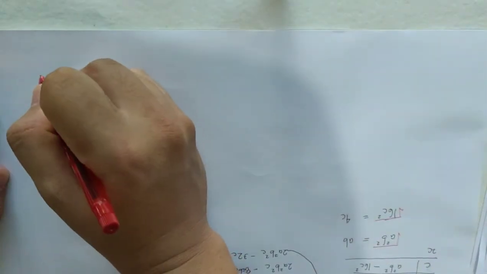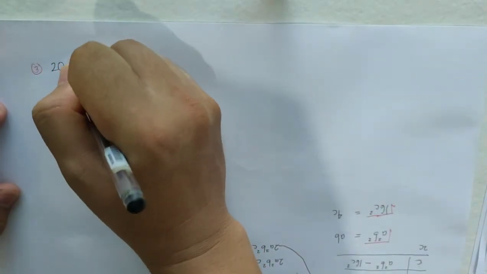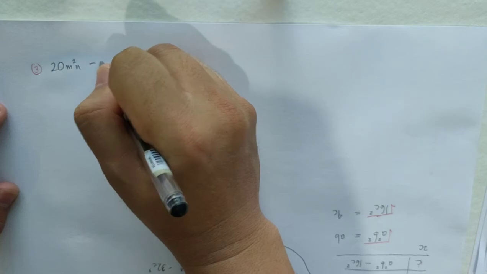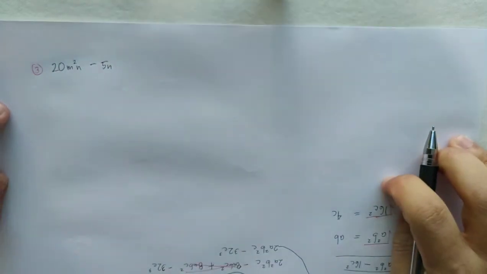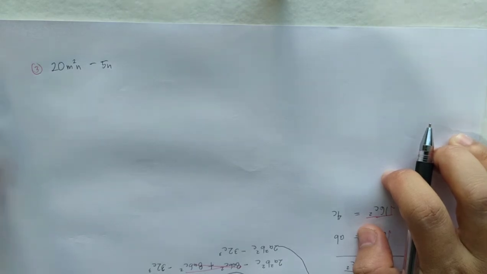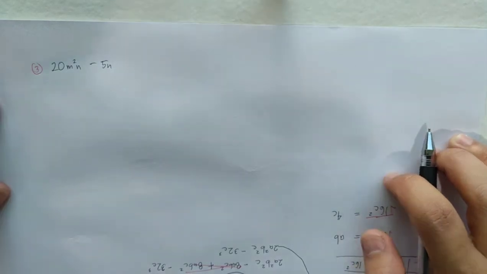Okay, so pang example. Last example natin for number 3. Let's have 20m squared n minus 5n. Okay, hindi pa rin sila perfect squares. Ang gawin natin, kunin natin yung common monomial factor nila.